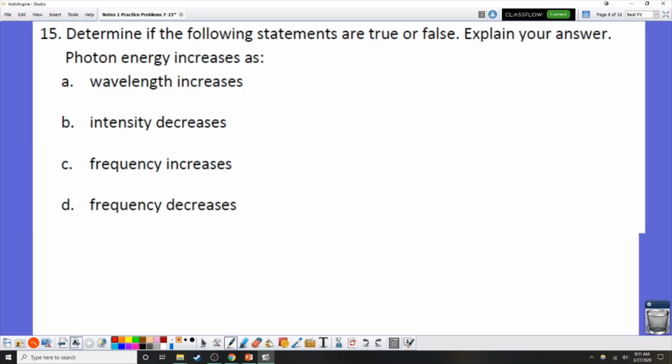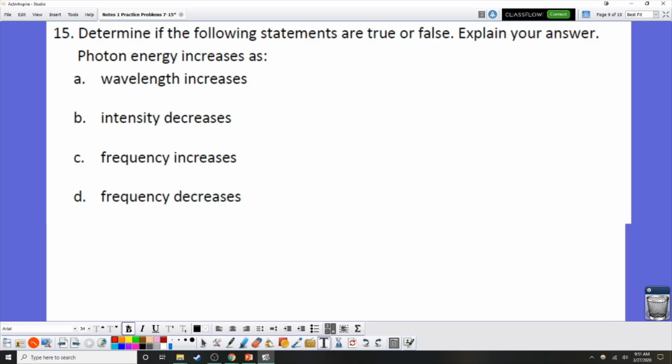And finally, number 15. Determine if the following statements are true or false, and then explain your answer. Photon energy increases as wavelength increases. I'm going to go ahead and switch the typing tool here so that I can just type out the answers instead. Does energy increase as wavelength increases? This is false.